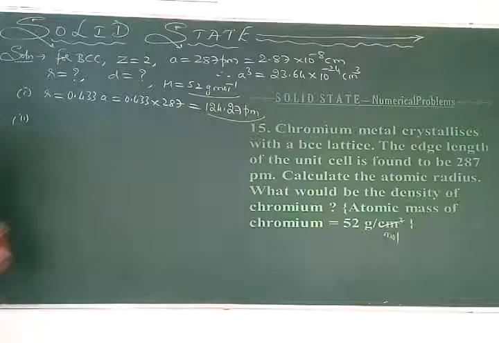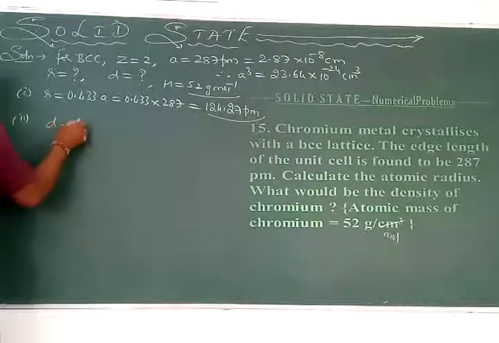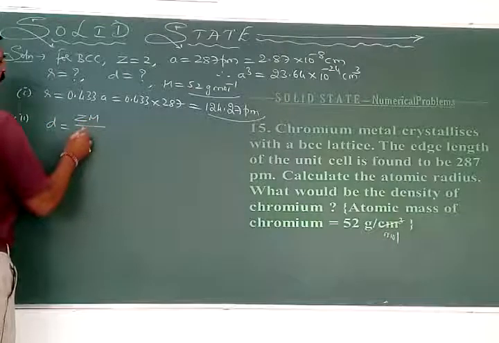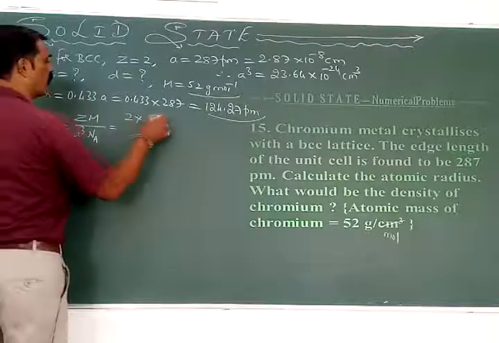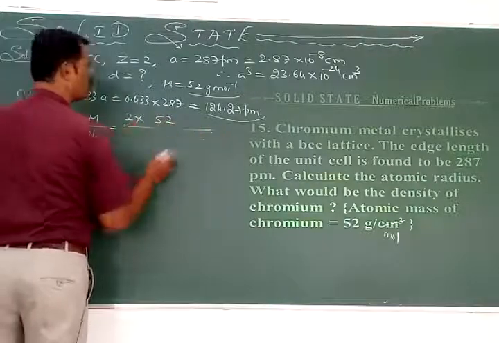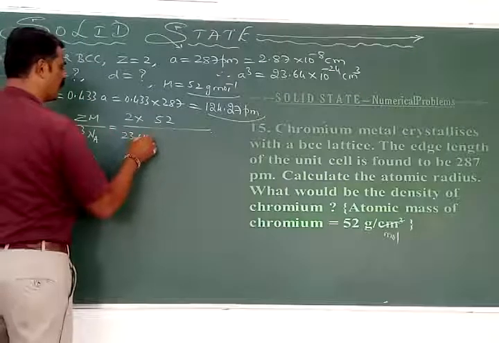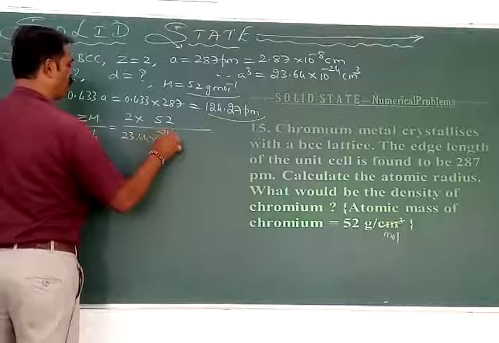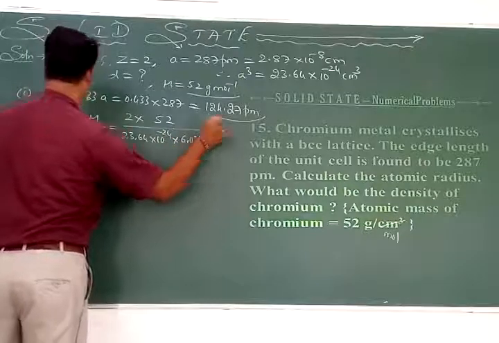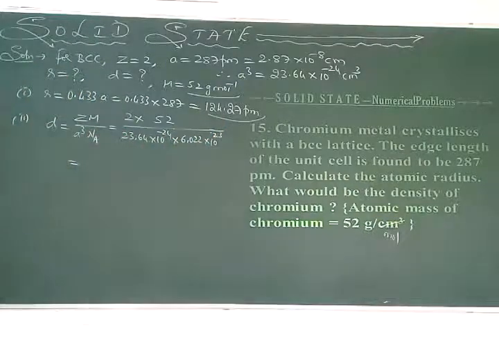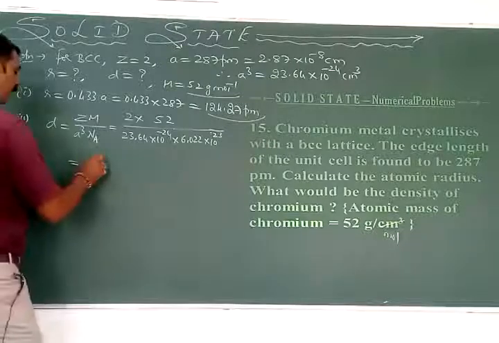Next we have to calculate the density. Density is equal to Z M by a cube into N A. Z is 2. The molar mass is 52. Divided by a cube, 23.64 into 10 to the power of minus 24. Avogadro number is 6.022 into 10 to the power of 23. On simplification, the answer is 7.305.